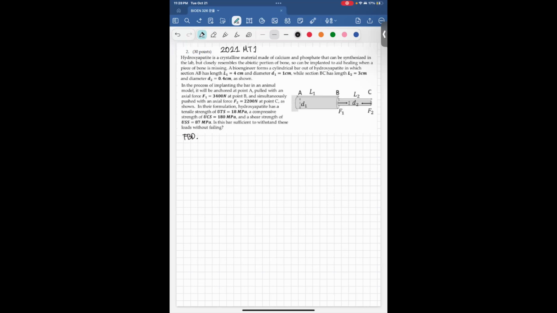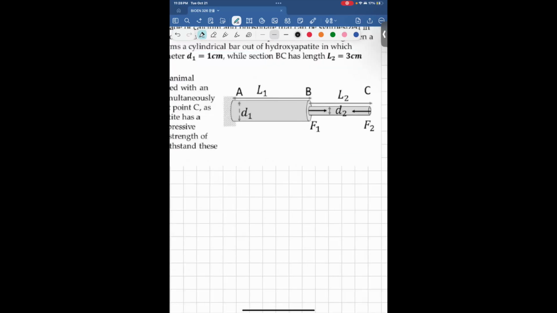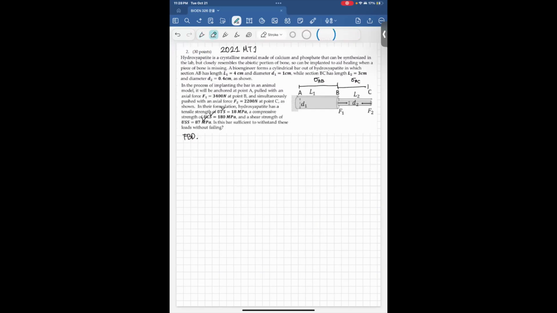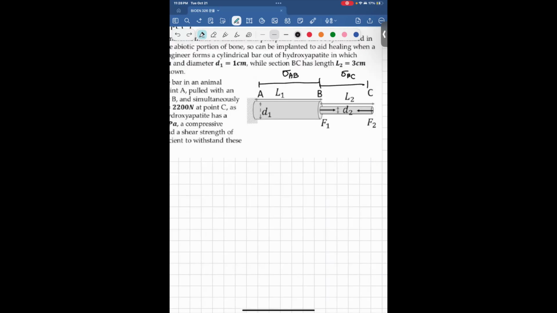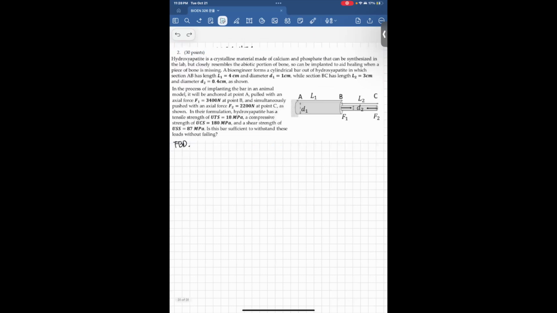What I like to do is, because there's very apparent segment BC and AB, we want to compare the stress of AB and the stress of BC with the ultimate stresses to see if any segment is failing or not. If segment AB is failing, but segment BC is not, the object is still failing because segment AB is failing. So we will be solving for the stress of AB and the stress of BC and compare them.